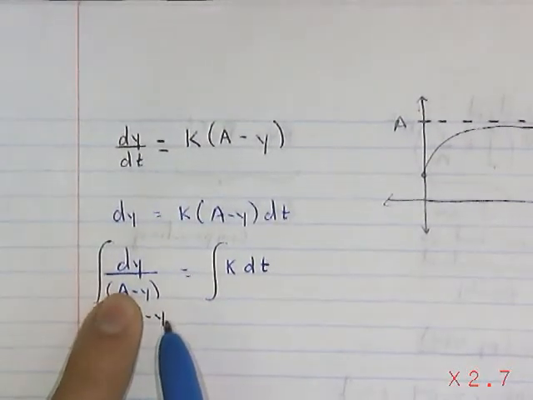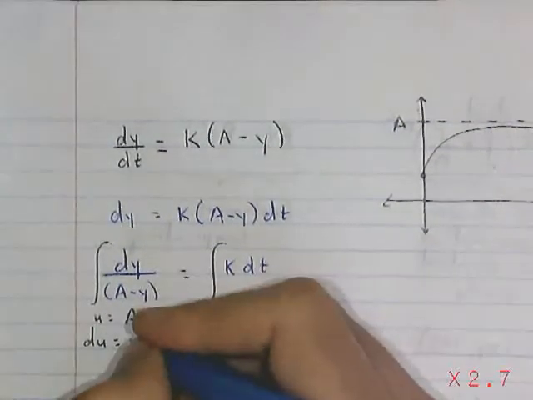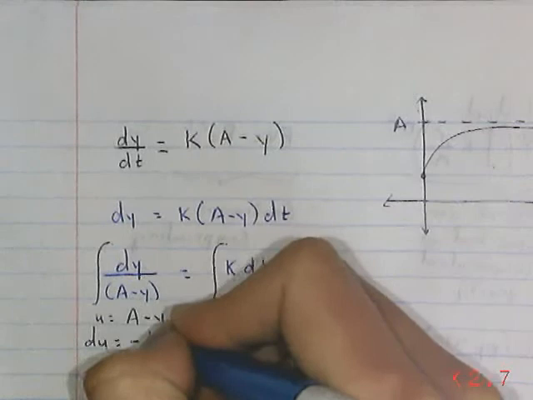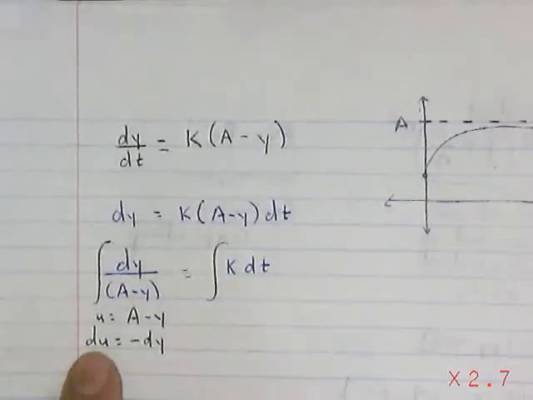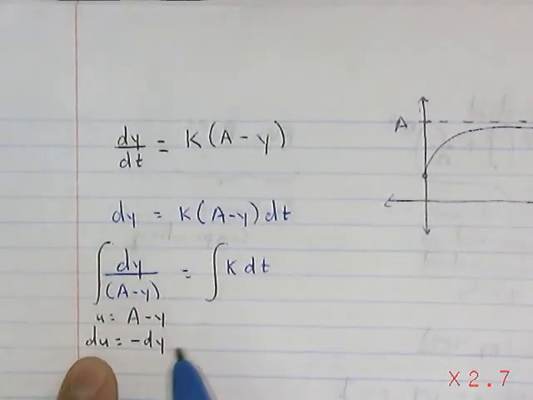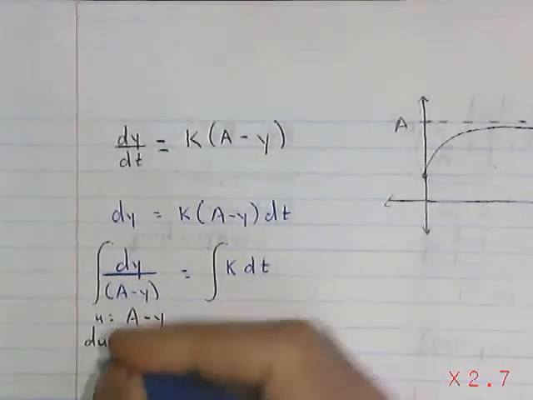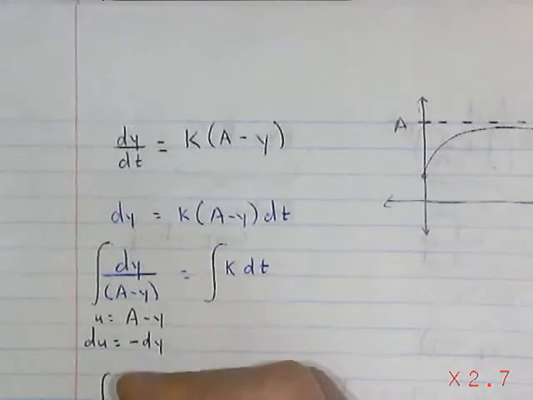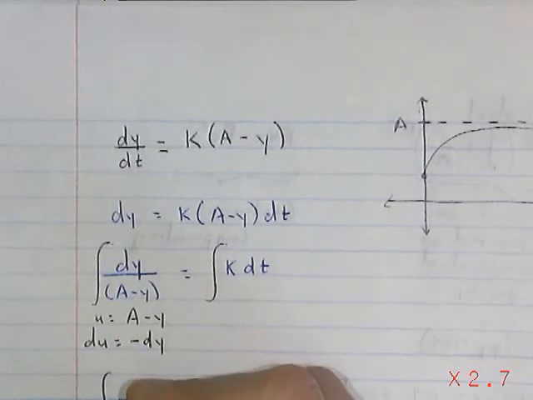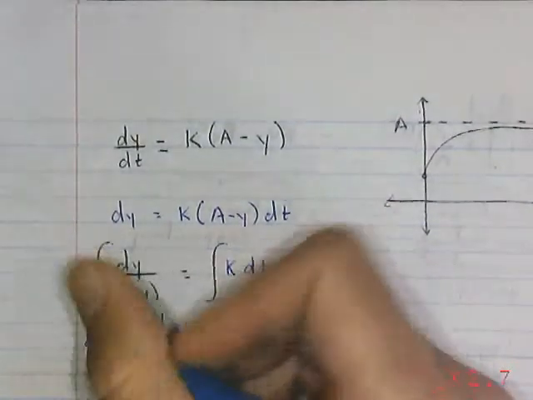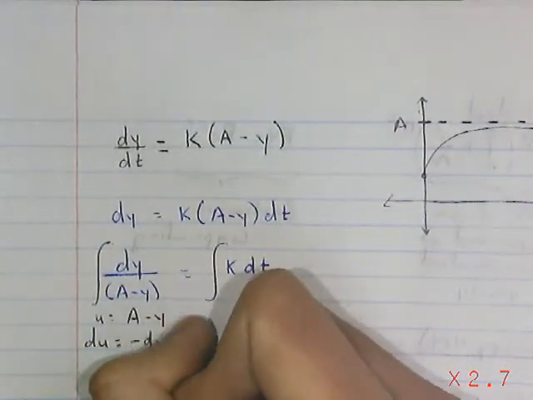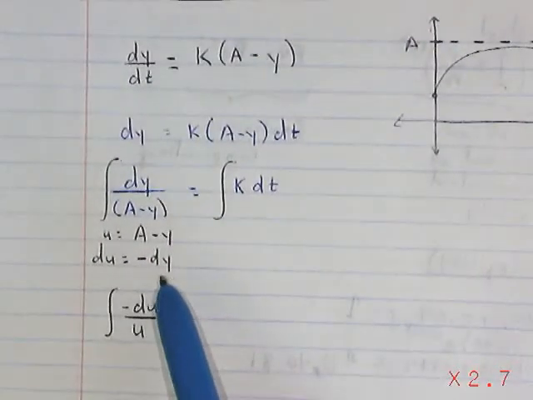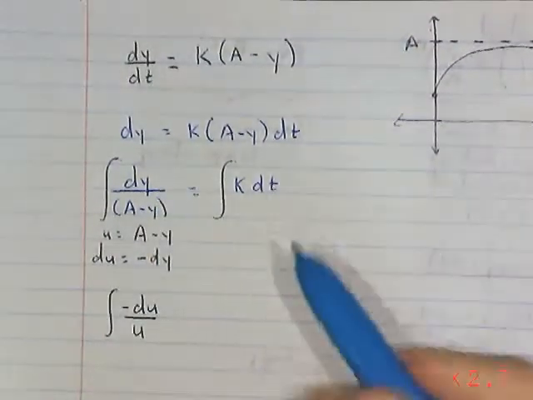The derivative of a negative y is a negative 1 dy. Okay, and so then we'll sub that back in, and we end up with a u for our a minus y. Our dy is actually a negative du. Sub in the negative du for dy.